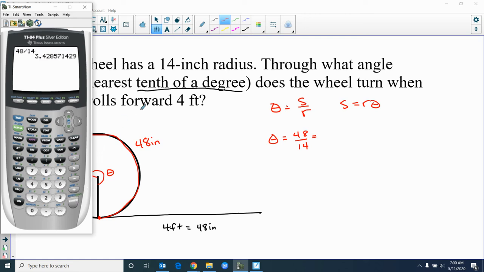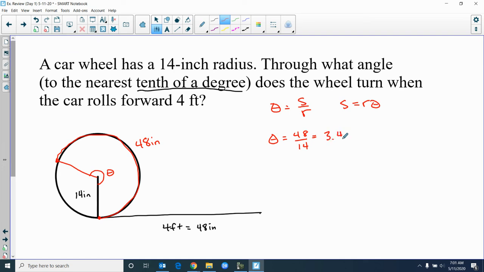3.4285. But if you put down 3.4, that is radians. We want the nearest tenth of a degree, so you have to convert from radians to degrees. In order to do that, you need to multiply by 180 over pi.